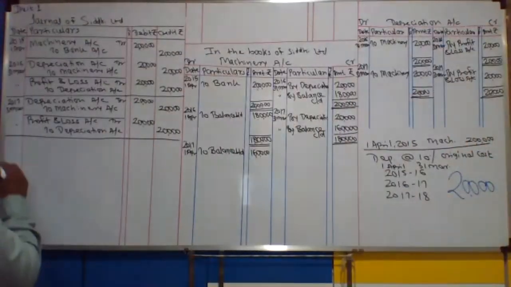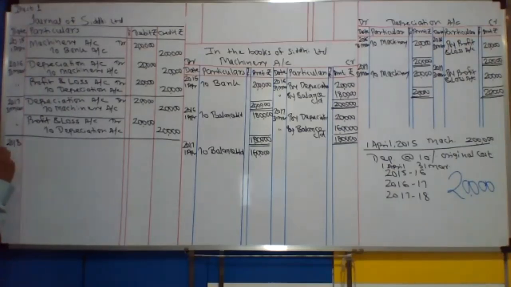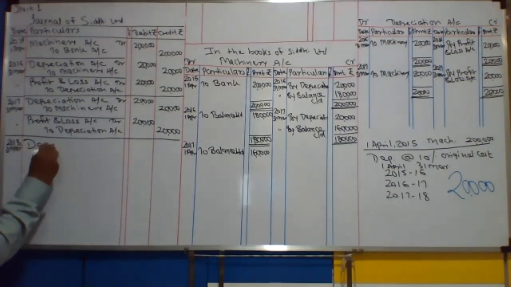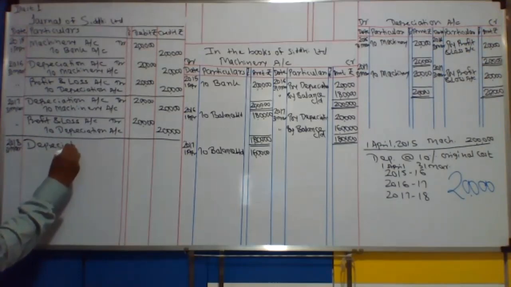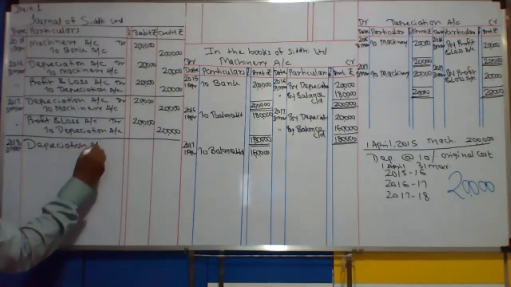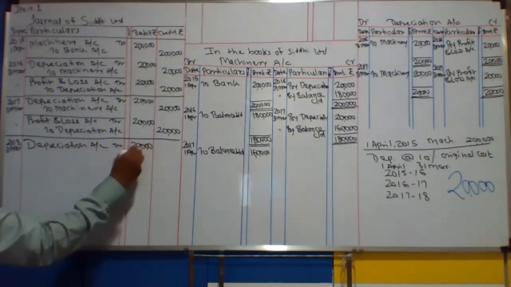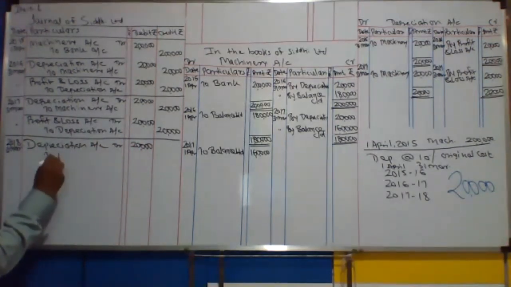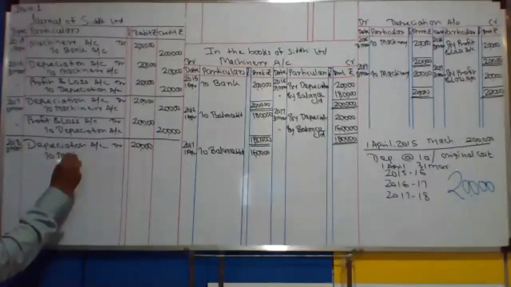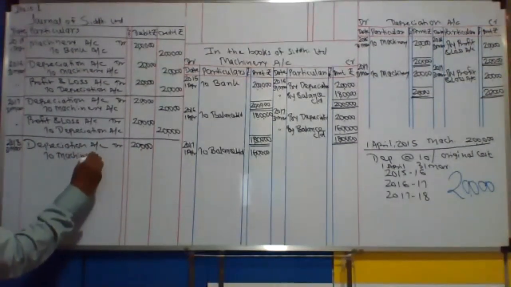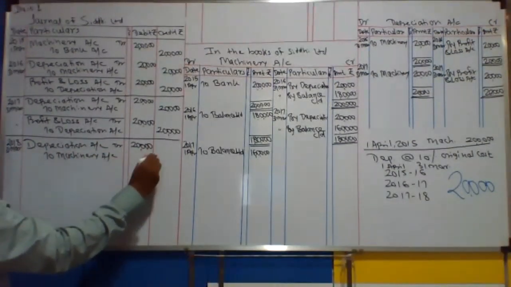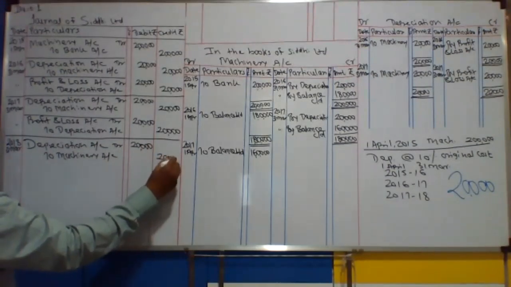Anyway, now third year. Third year ending on 2018, 31st March. उसका पहला एंट्री तो वही आएगा, डेप्रीसिएशन अकाउंट डेबिट ₹20,000 टू मशीनरी अकाउंट ₹20,000.